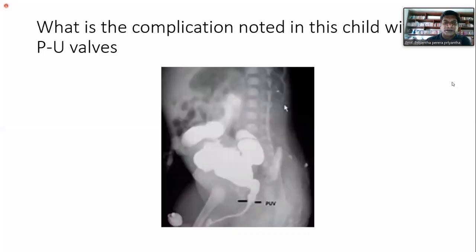And this is a child with posterior urethral valve during an MCUG. What is the abnormality noted here? What are the complications that have happened due to the posterior urethral valve? Hydronephrosis.